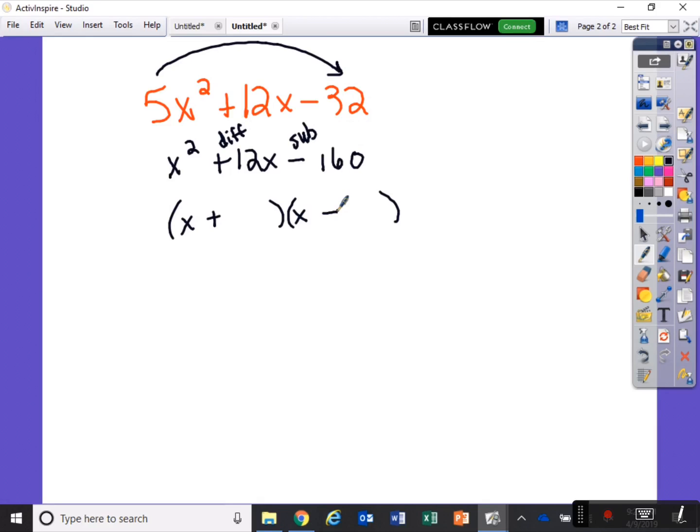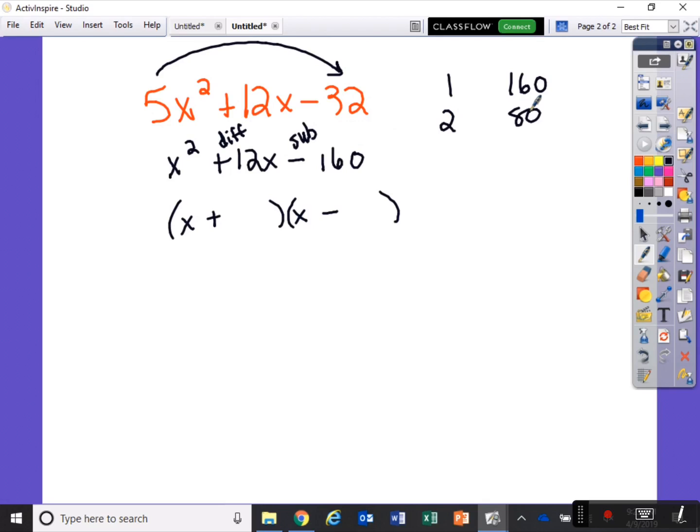All right, so now all that's left for the easy part is to find what number goes here, right? So we have to find factors of what number? 160 that subtract to make 12. All right, so 1 and 160 obviously is not it. 2 and 80, no. 3 does not go.